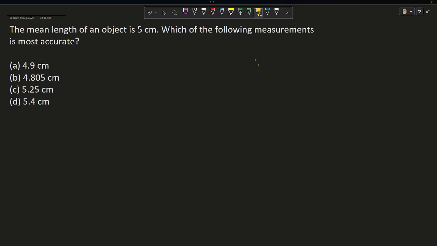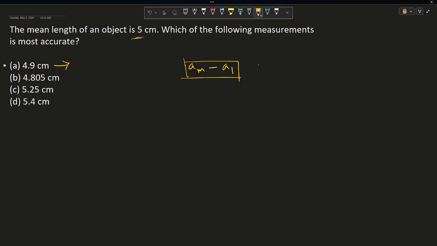And the last one is: the mean length of an object is 5 centimeter. Which of the following measurements is most accurate? Then you have to find the deviation or absolute error, that is mean minus original value or true value.